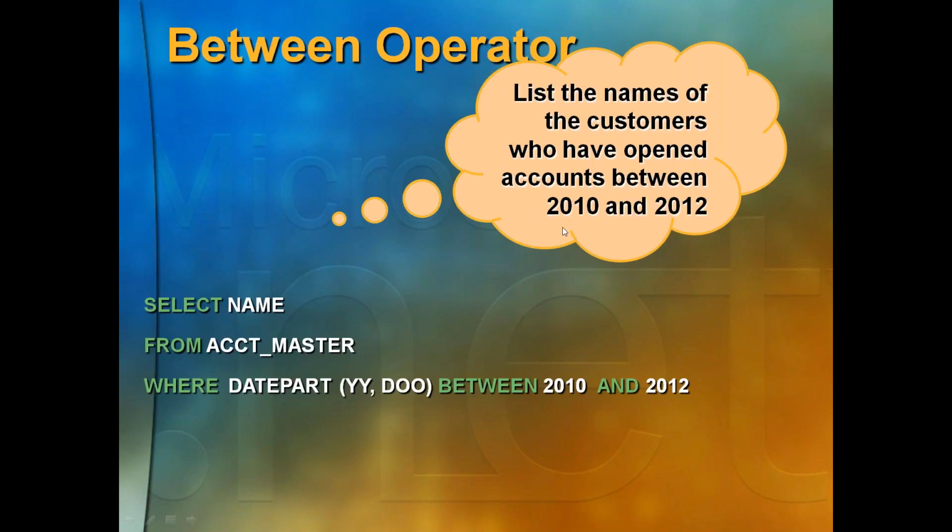To bring out the year number, we must use the DATEPART function: DATEPART(yy) between 2010 and 2012. Symbols will not work, and you cannot say 2010 to 2012; TO will not work because it is not English. It is the SQL syntax that we are writing.